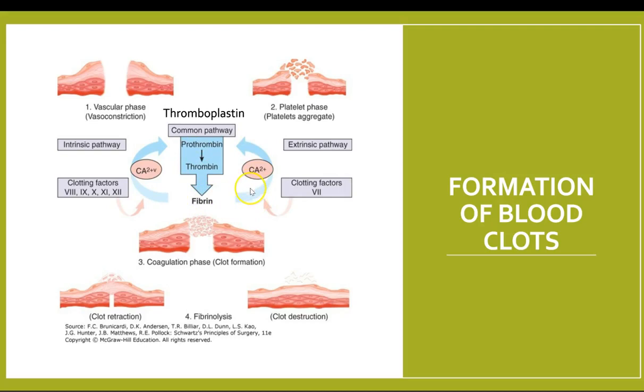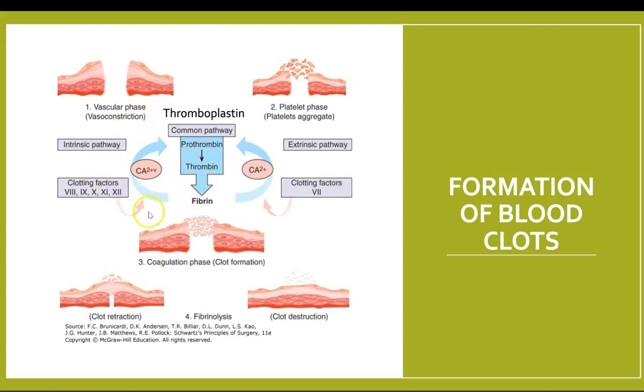And as we clot, if we go the extrinsic pathway, we have clotting factor 7, calcium and vitamin K. It doesn't show vitamin K in here, but vitamin K is important. If we do the intrinsic pathway, we have clotting factors 8, 9, 10, 11, and 12. And so it just depends on which clotting factors we call in and how quickly we build that clot.